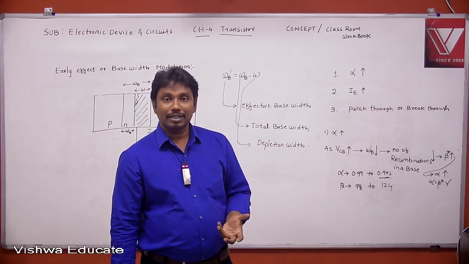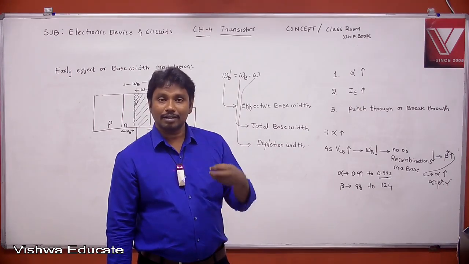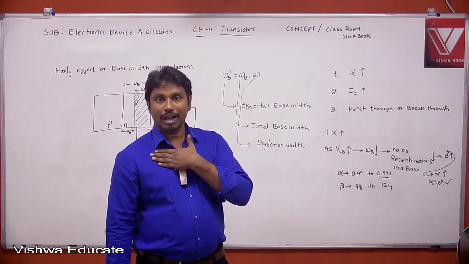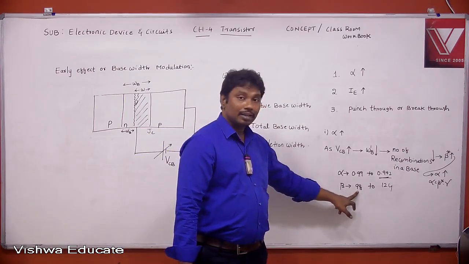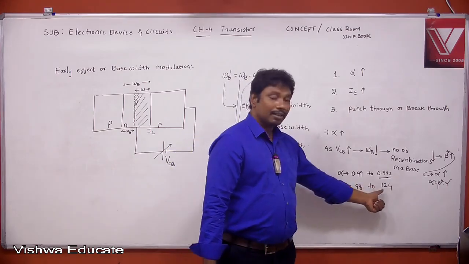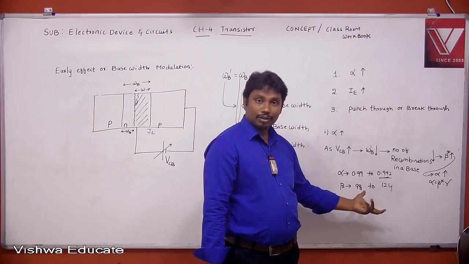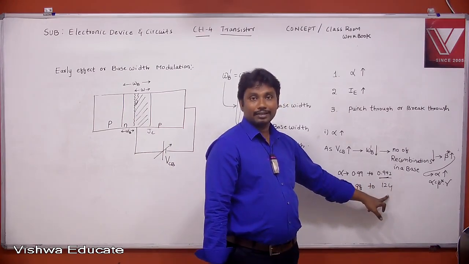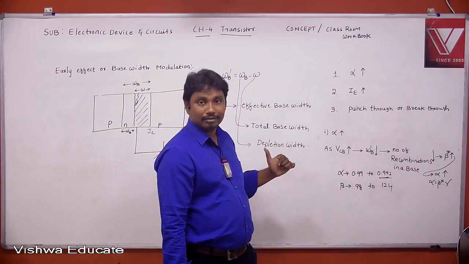If the beta changes, our desired characteristics of the transistor will change, because I am designing an application with a beta value of 98. But due to the early effect, I will get a beta of 124. That is undesired. That's why this is one side effect to a BJT.